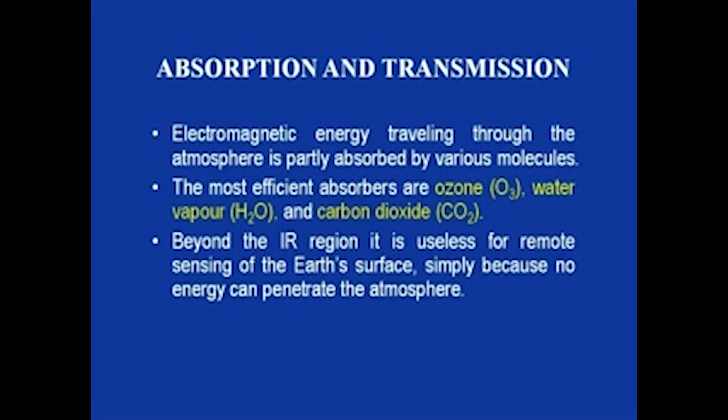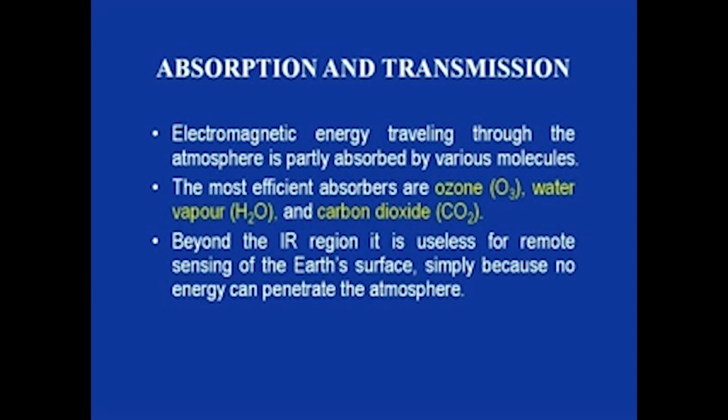So, looking at the energy interactions at the atmosphere level, first let us look at what is absorption and transmission and its role. Electromagnetic energy travelling through the atmosphere is partly absorbed by various molecules. The most efficient absorbers are ozone, water vapors and carbon dioxide.